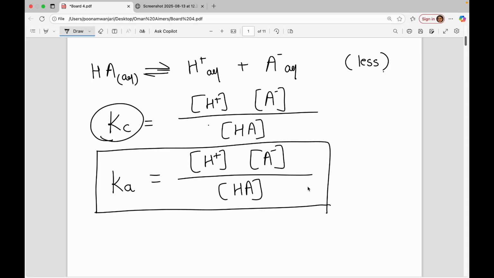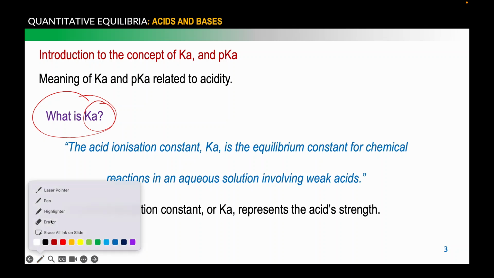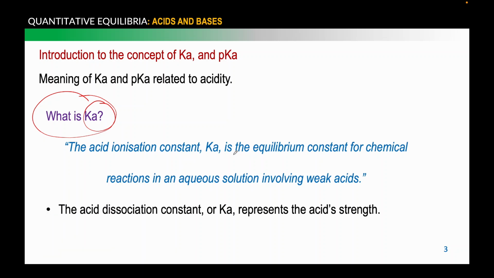So student, how can we define the dissociation constant? This is the dissociation constant or ionization constant, and it is the equilibrium constant for a chemical reaction in aqueous solution involving a weak acid. So we need to focus on this weak acid, and this dissociation constant mainly represents acid strength.